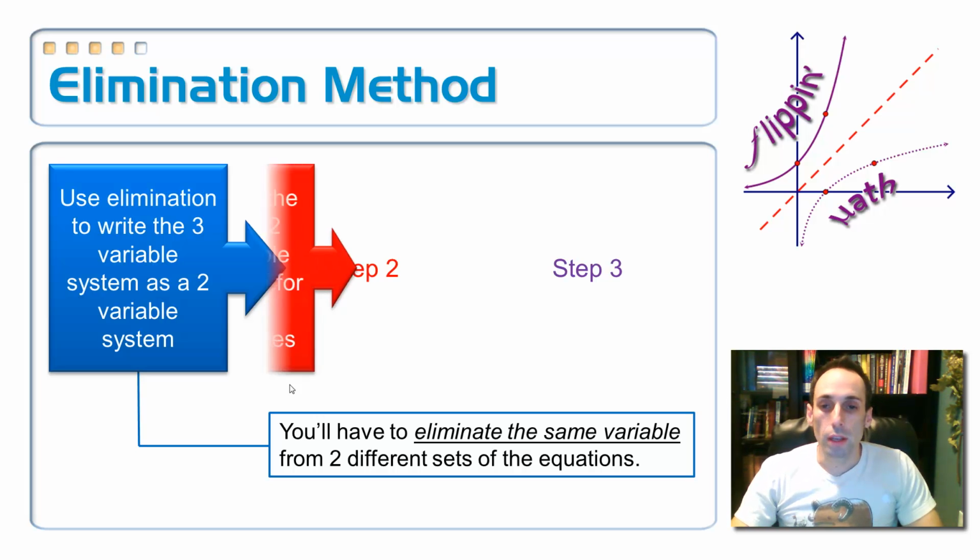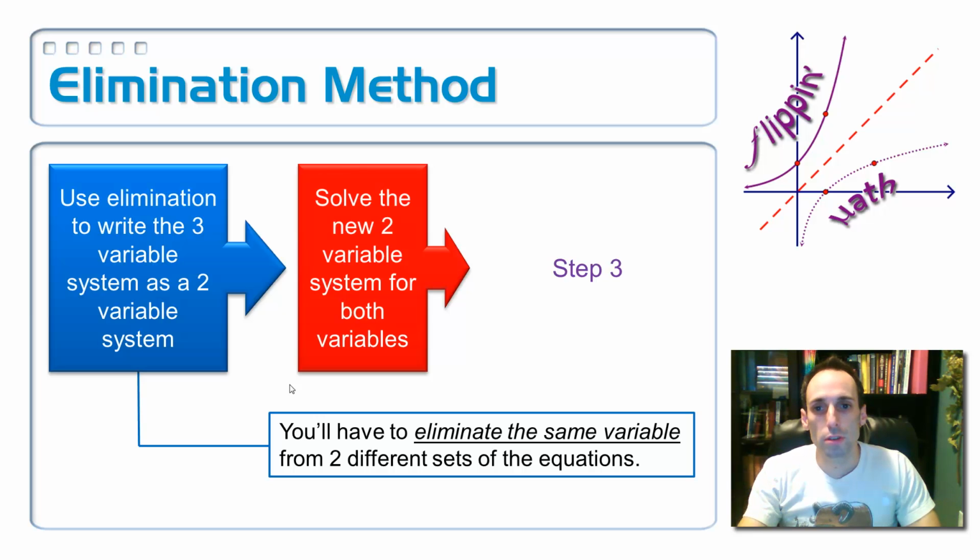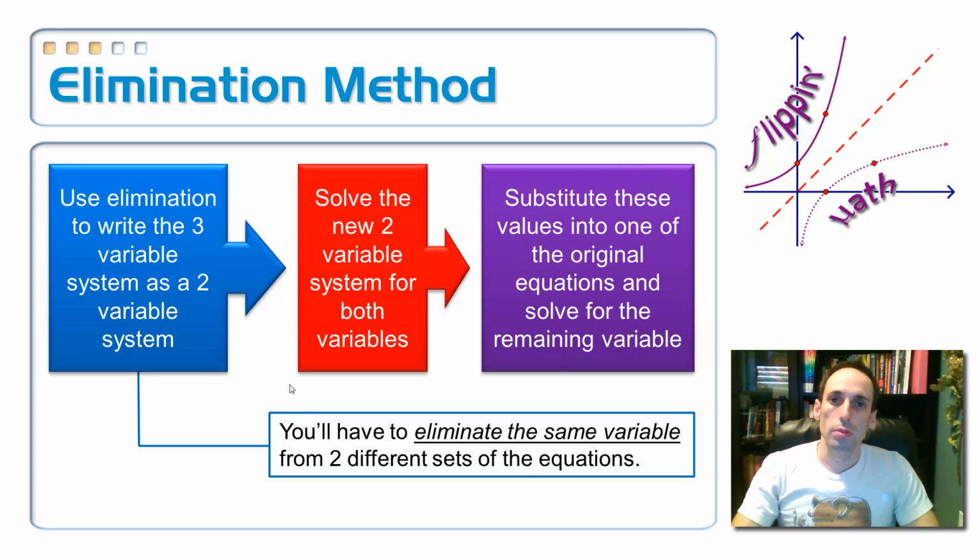All right, so then you have a two variable system that you have to solve for both of those variables. You might use substitution, you might use elimination, whichever is most convenient for you. You solve it for both of those variables. And then you're going to substitute those two answers back into one of the original equations so that you can get the remaining third variable.